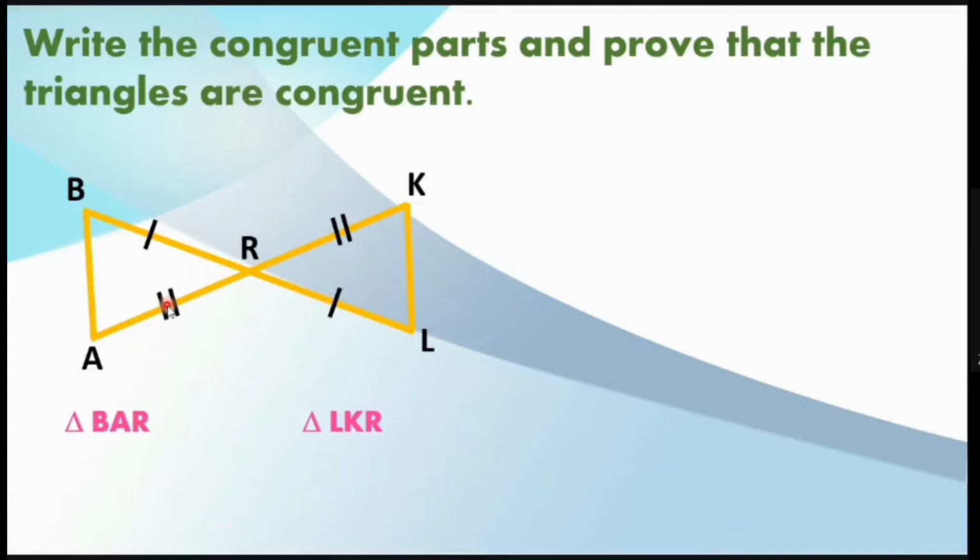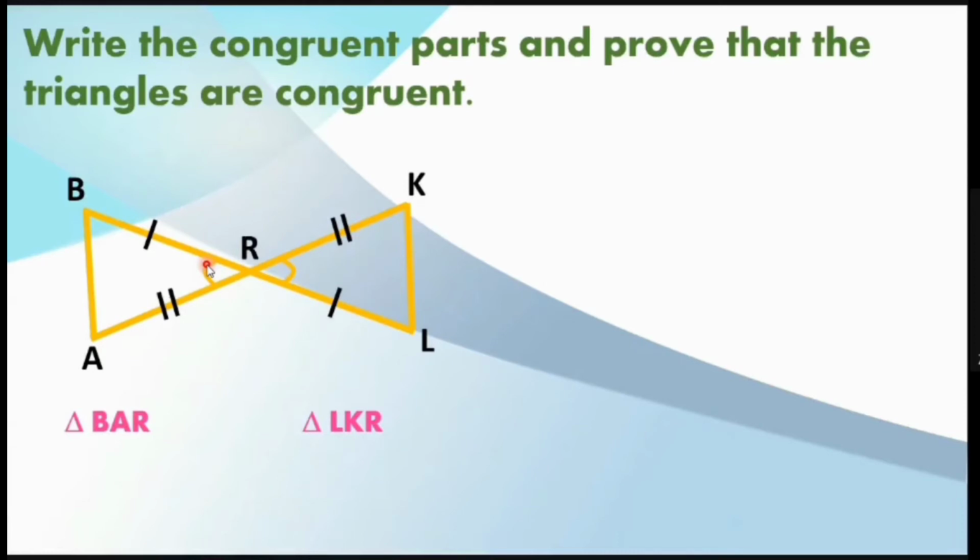Makakapag-identify ba tayo ng congruent parts from triangle BAR and triangle LKR? As we can see, we have these two angles here. Okay, so this angle here and this angle at the right. These two angles here are what we call vertical angles.